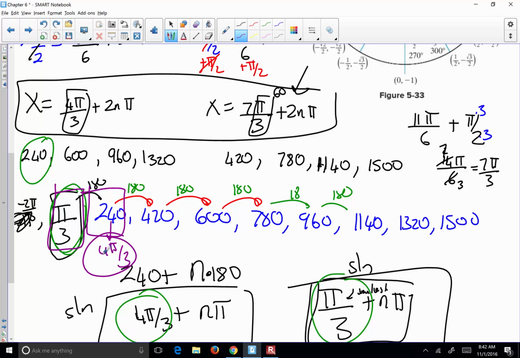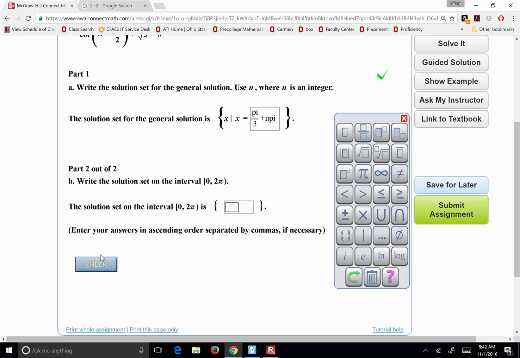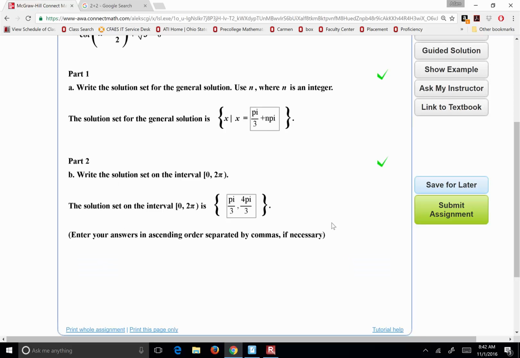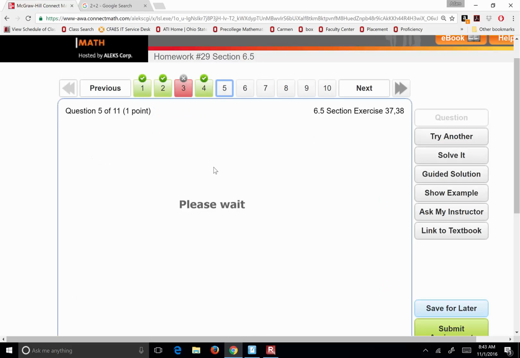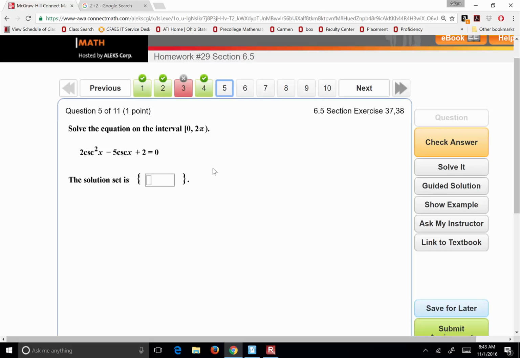There are only 2 solutions in the range of 0 to 360. Okay? Any questions? Alright. I think we can do one more question here.